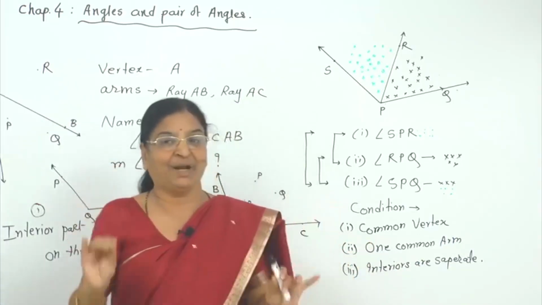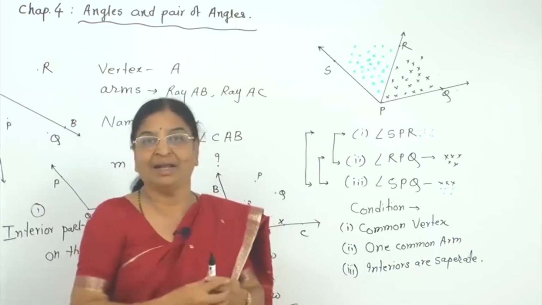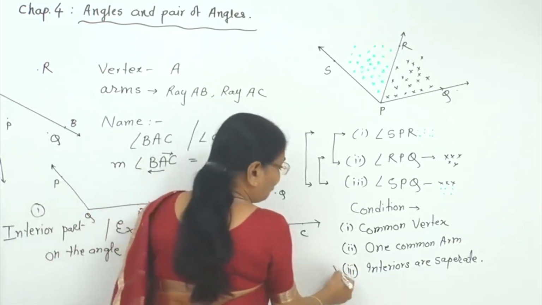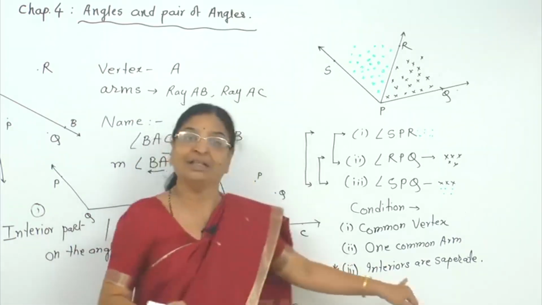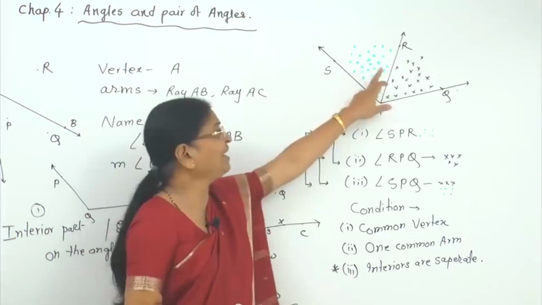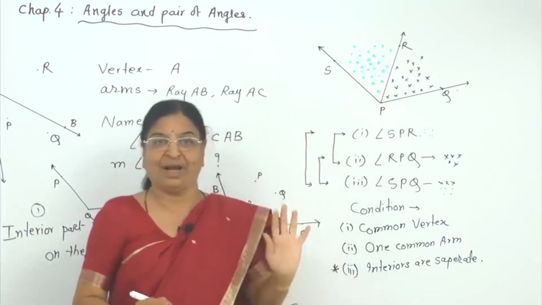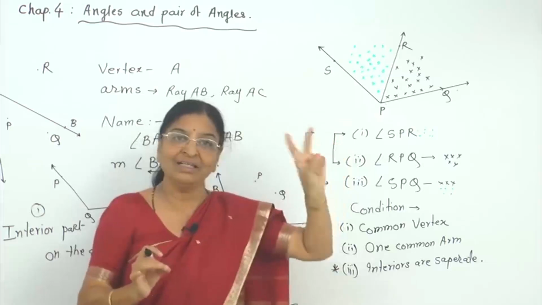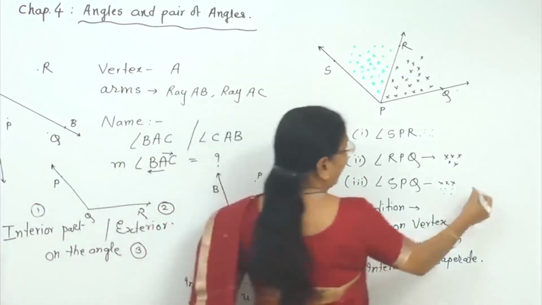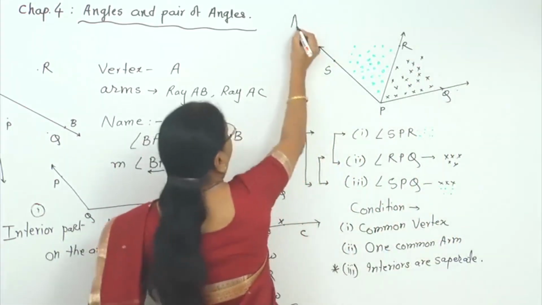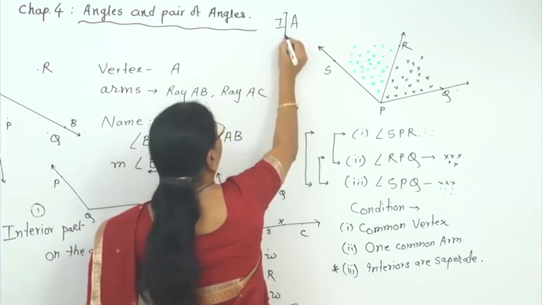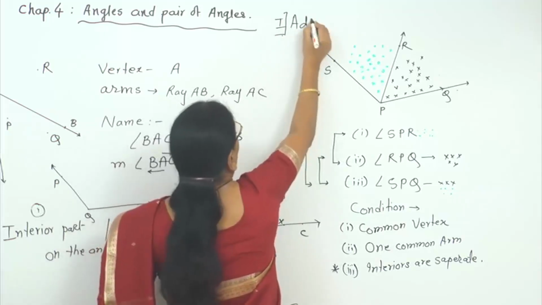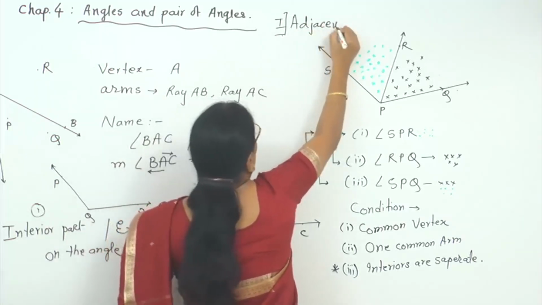Interiors should be separate. So you have to insist on this point. If the interiors are separate, then only we will call this pair adjacent angles. I will write here, this is our first type, that is adjacent angles.